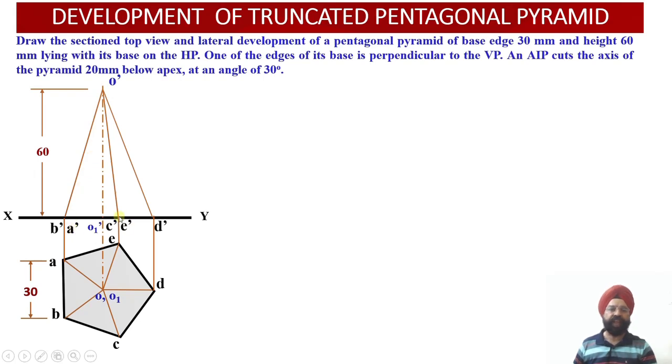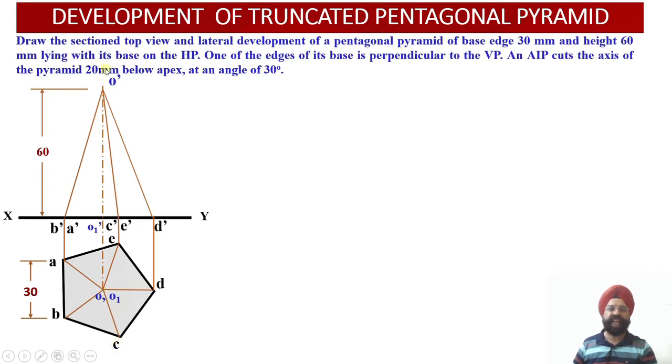Similarly, over here, the projector corresponding to OE in the front view should be dotted. That is, O dash E dash should be dotted. But these dotted line projections corresponding to OE will be overpowered by, and coincide with, the solid line projections corresponding to the edge OC.